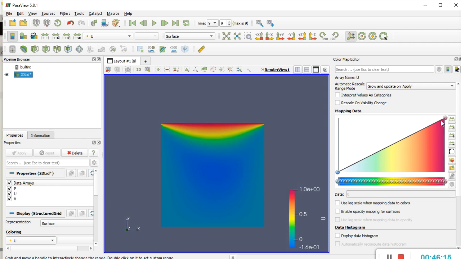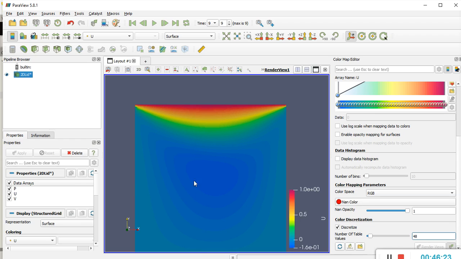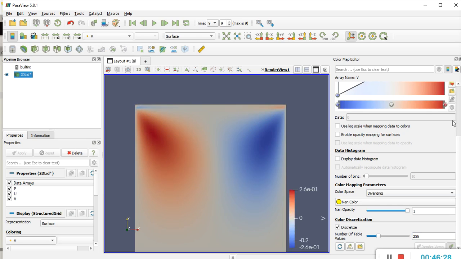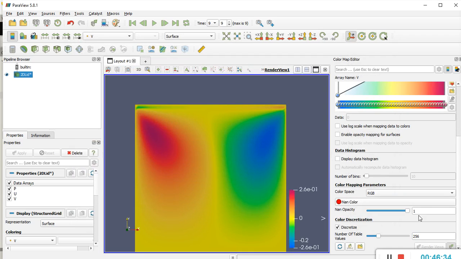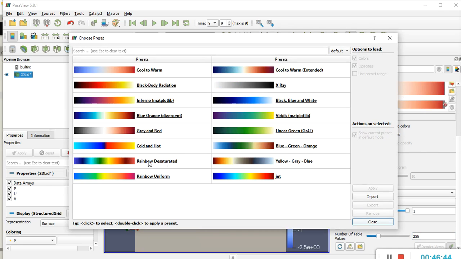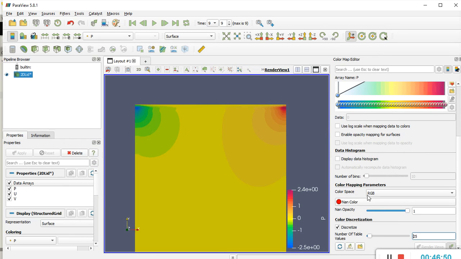If you decrease the number of table values to something like 48, you can more clearly see the contours. Let's have a look at the v velocity field and apply, and let's again reduce this to 48, and we've got the v velocity contours and the pressure as well. This time we will use rainbow again with maybe 25, and we can see the pressure field as well.